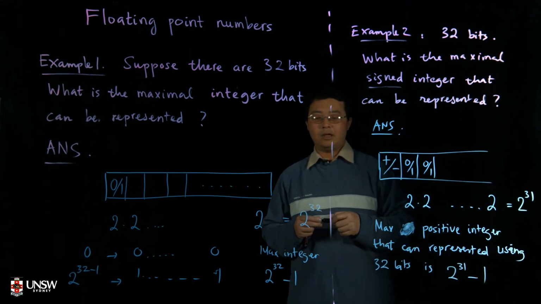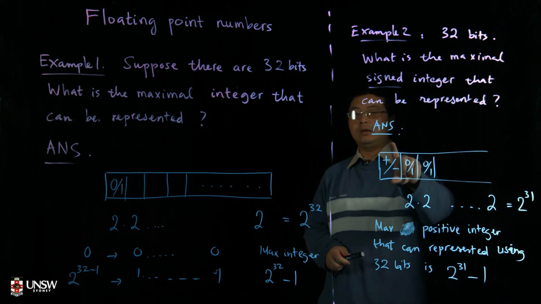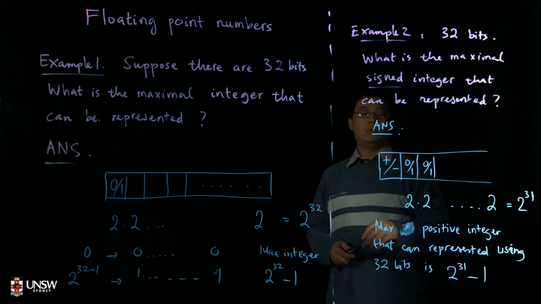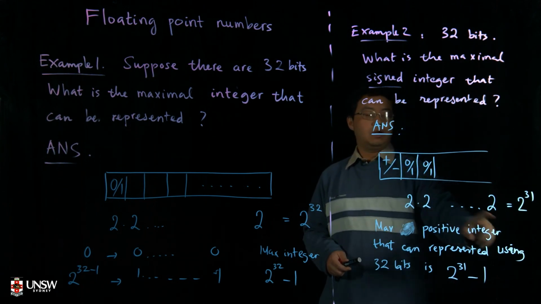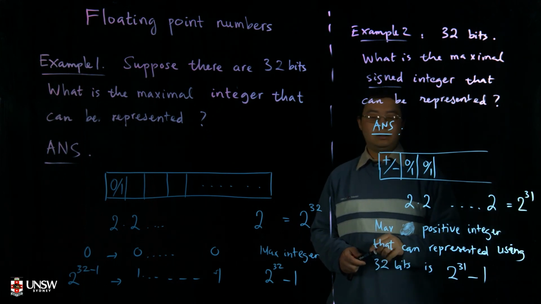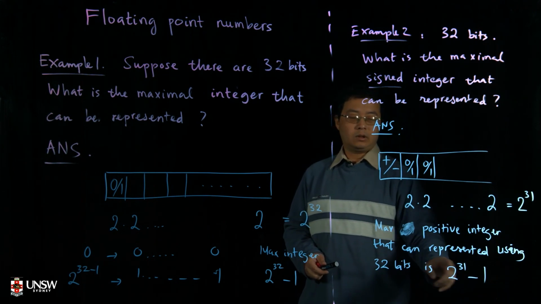So see the difference between this example and the previous example is that the first bit is reserved to store the plus or minus sign. So you lose 1 bit to do that. Therefore, you have only 2 to the 31 possibilities, and therefore the maximal positive integer is only 2 to the 31 minus 1.